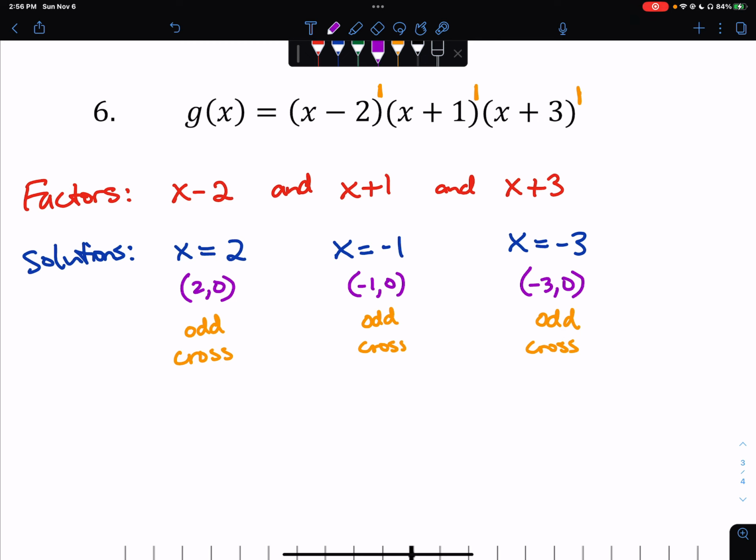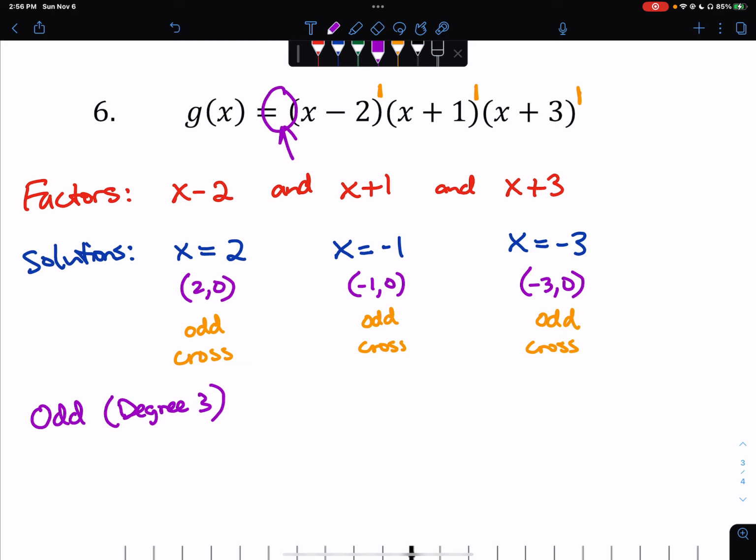If we try to figure out odd or even, and then positive or negative, if we count our variables, 1, 2, 3, this would be an odd function, specifically degree 3.